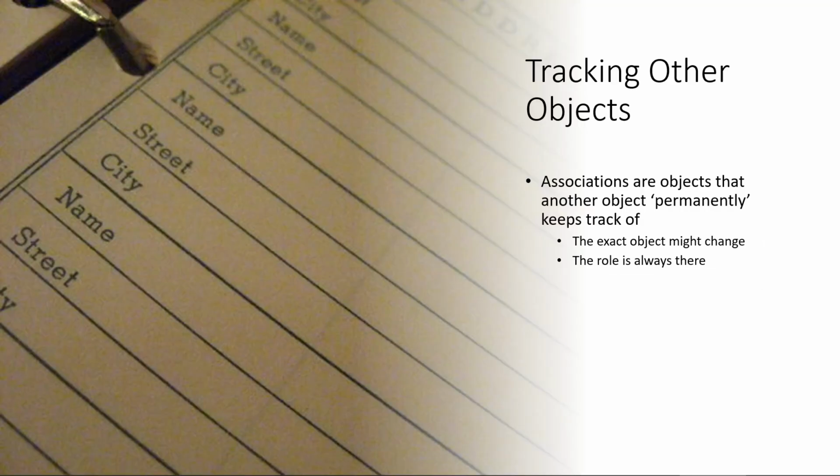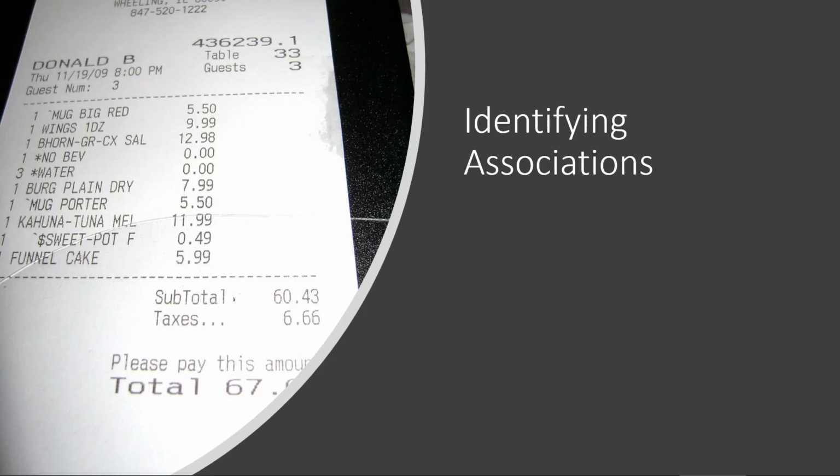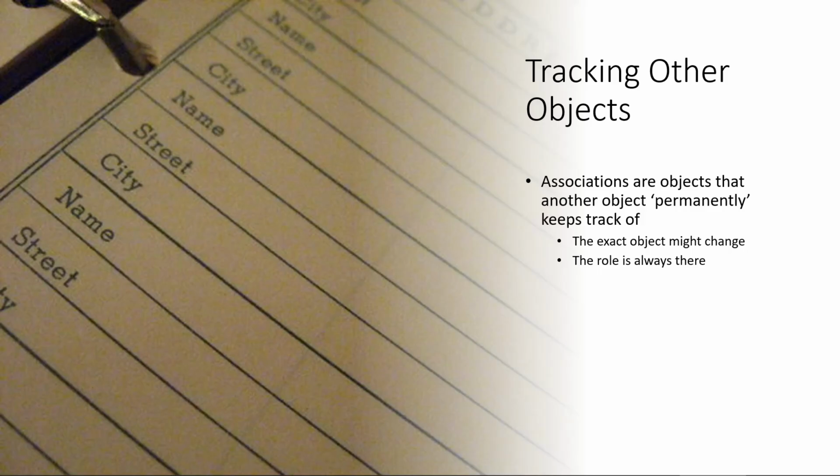Now, object tracking is also a really important thing to remember. Associations between objects are not just for-a-few-minutes sort of relationships. It's something that I'm going to keep track of, quote unquote, permanently.